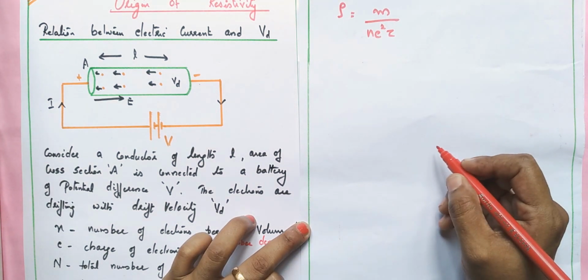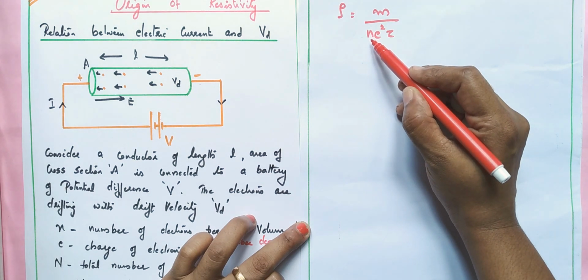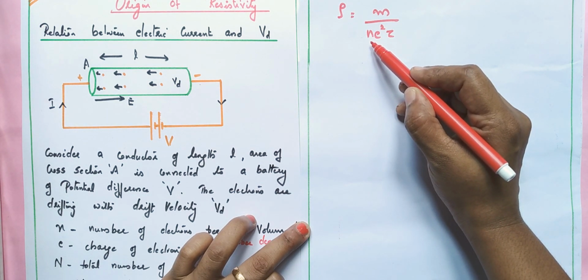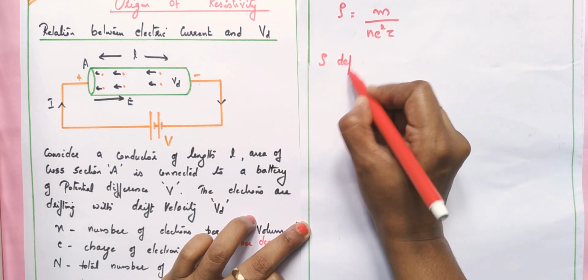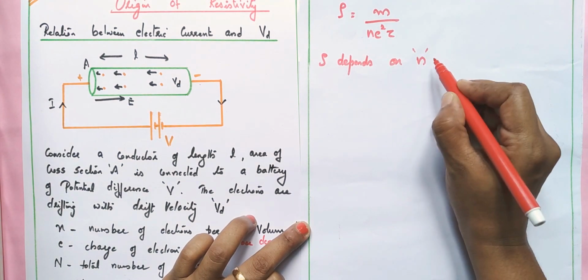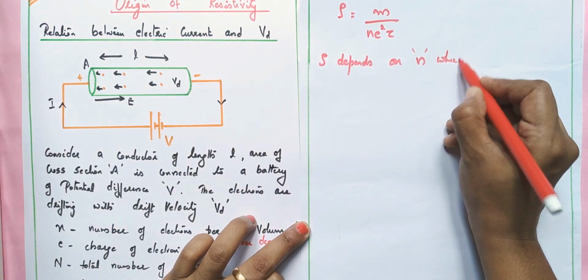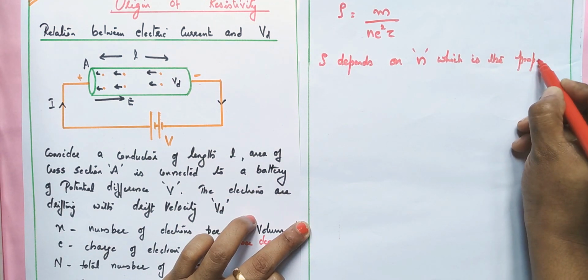What is the significance of this formula? This shows that resistivity depends on n. n means number of electrons per unit volume, which is a characteristic of the material.